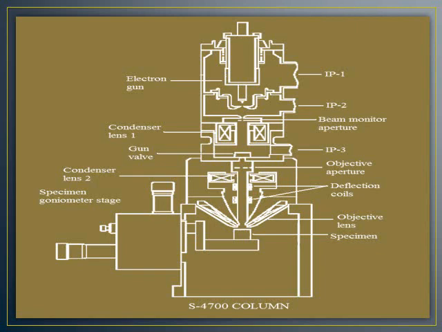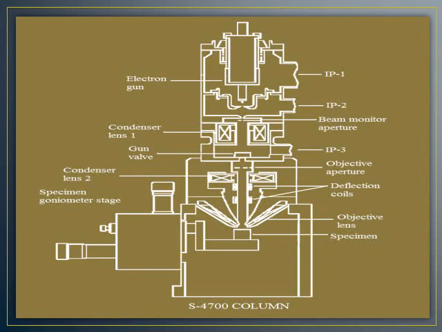When the primary electron beam interacts with the sample, the electrons lose energy by repeated scattering and absorption within a teardrop-shaped volume of the specimen known as the interaction volume, which extends from less than 100 nanometers to around 5 micrometers into the surface.